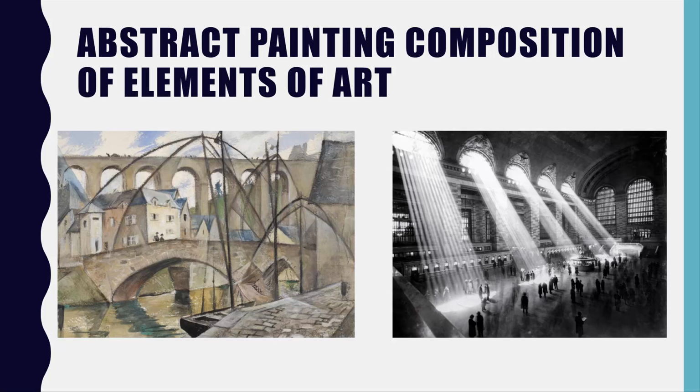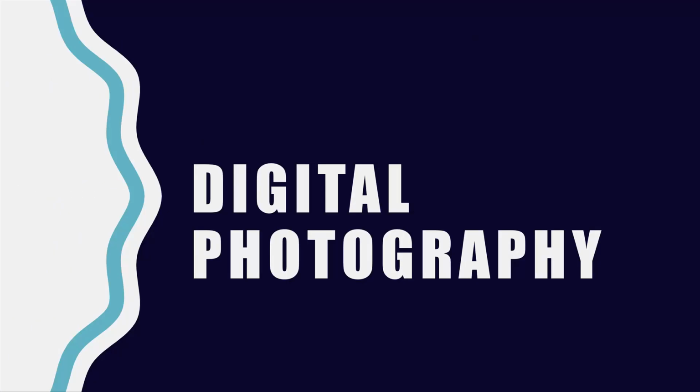And you can see how they're breaking up space. They're simplifying the buildings and the structures to more geometric shapes. And in this photograph, you can see that he is, just like before, considering the diagonals, the lights, the darks. And so he was defending that it's not the camera that decides that composition, but the photographer. So they are an artist.